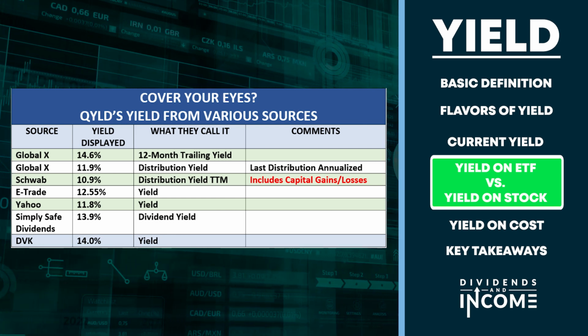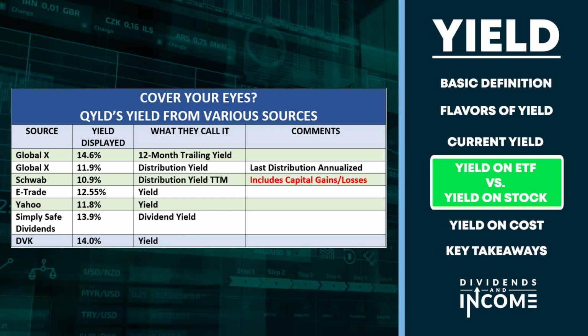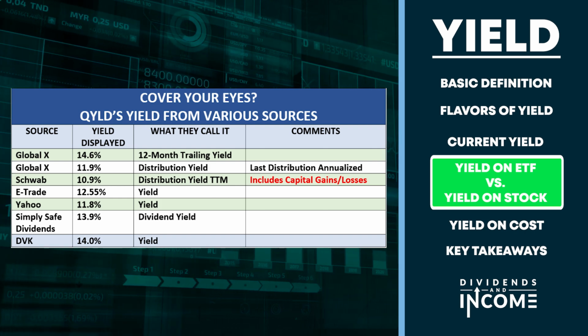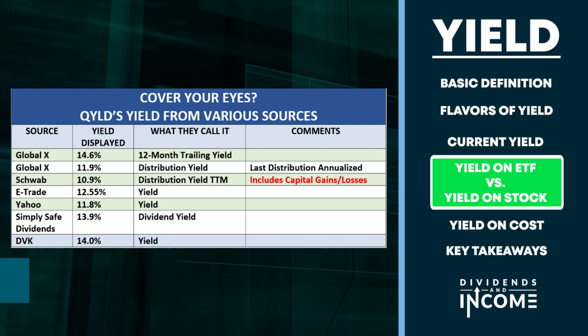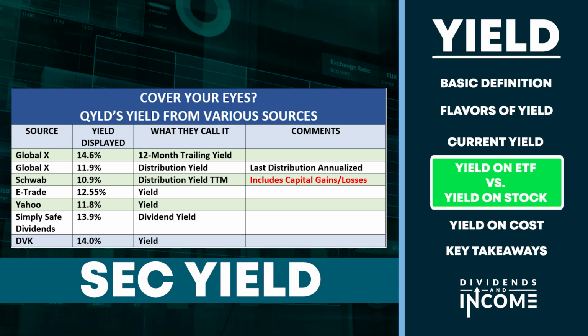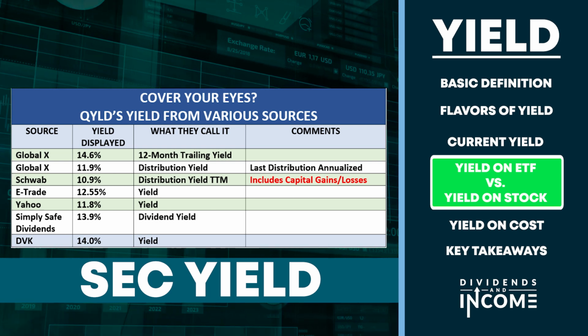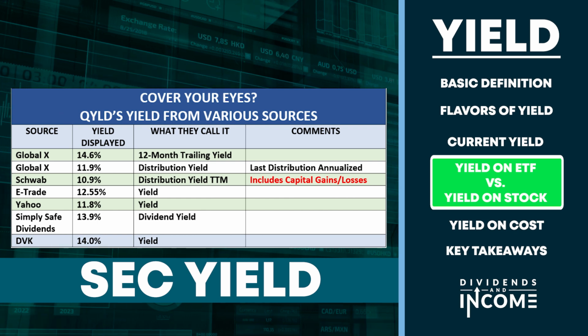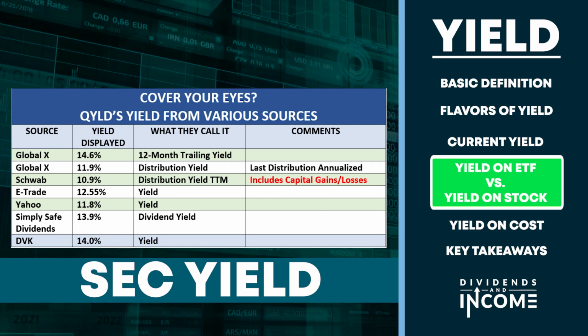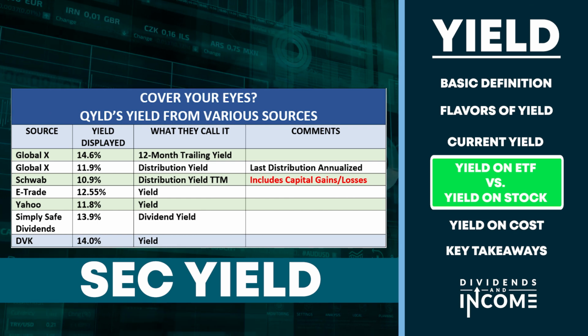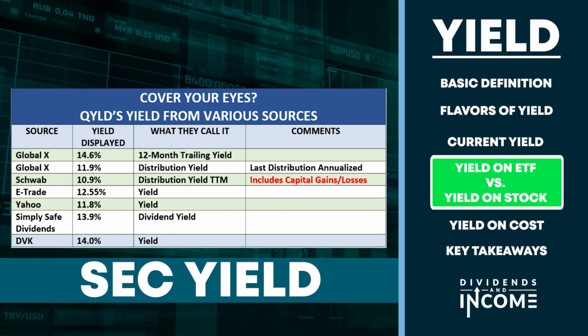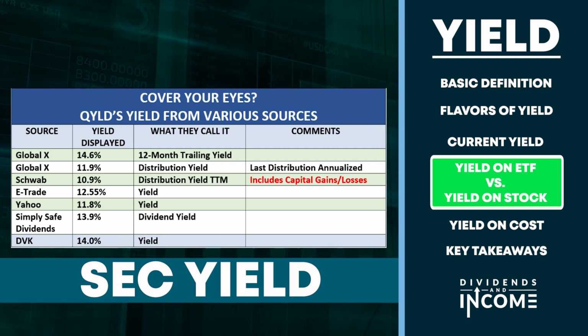There's one last thing to mention about the yields from ETFs. All funds are required to calculate something called the SEC yield by the Securities and Exchange Commission. I'm not going to try to explain all the details of SEC yield. It's actually a complex formula that uses information from the past month and then it's annualized.